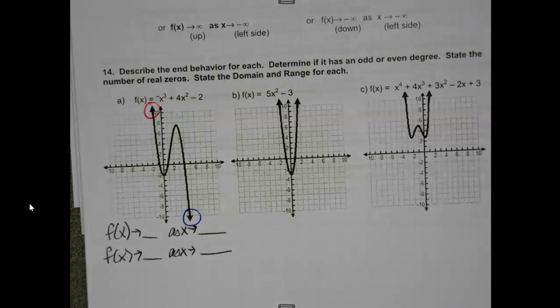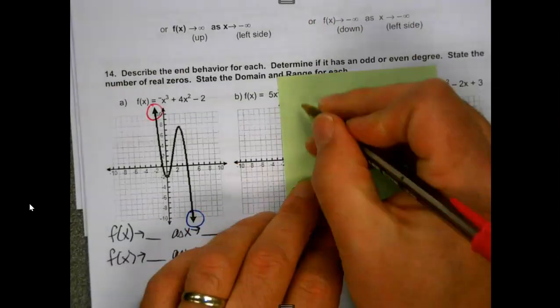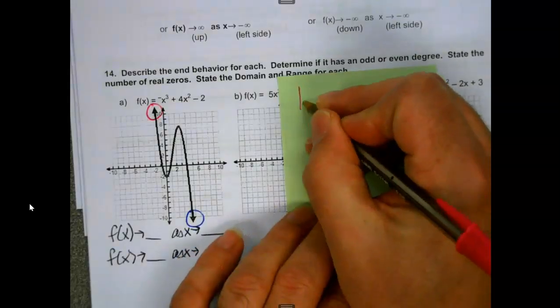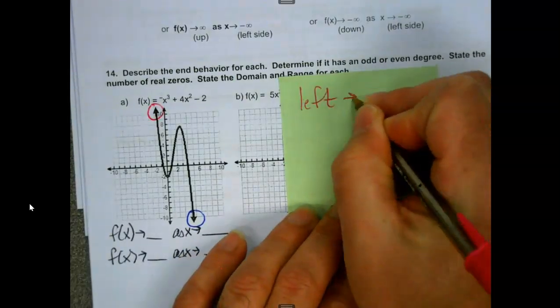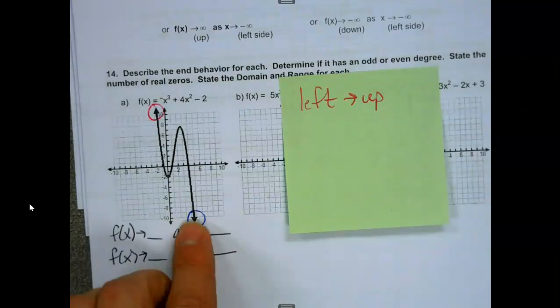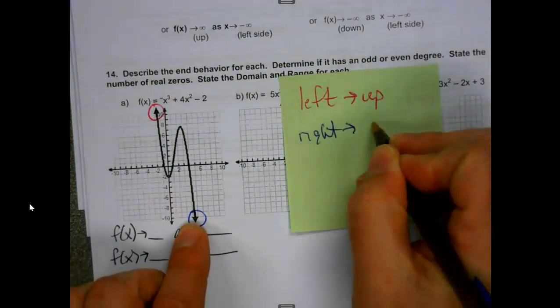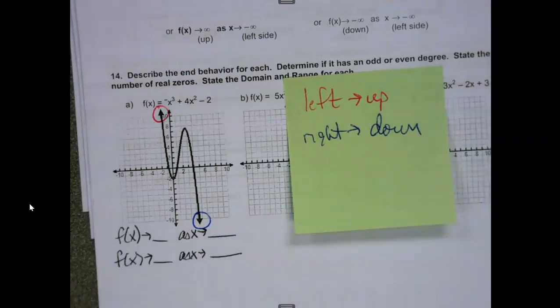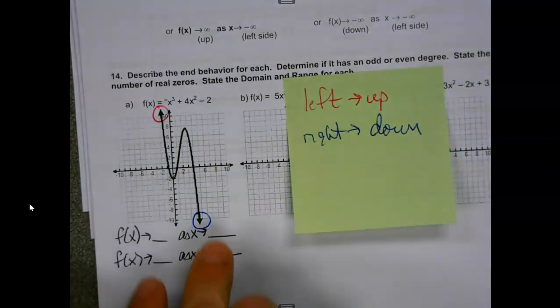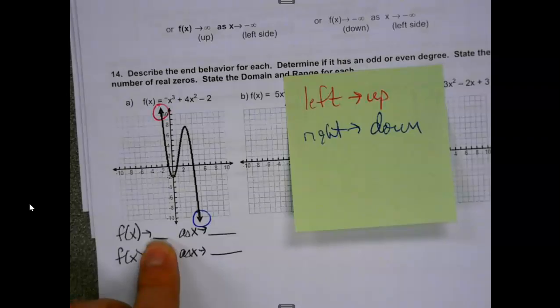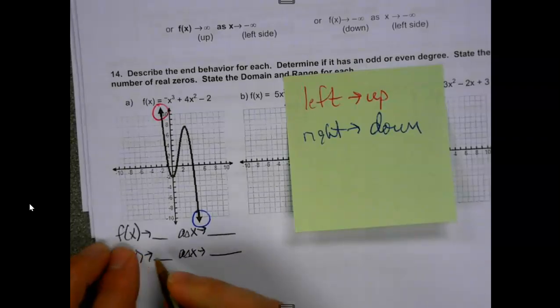So what we're actually saying here is, as we're going to the left, this is going up. As we're going to the right, the graph is going down. Would you agree? Now we're going to put it into math language. Okay?